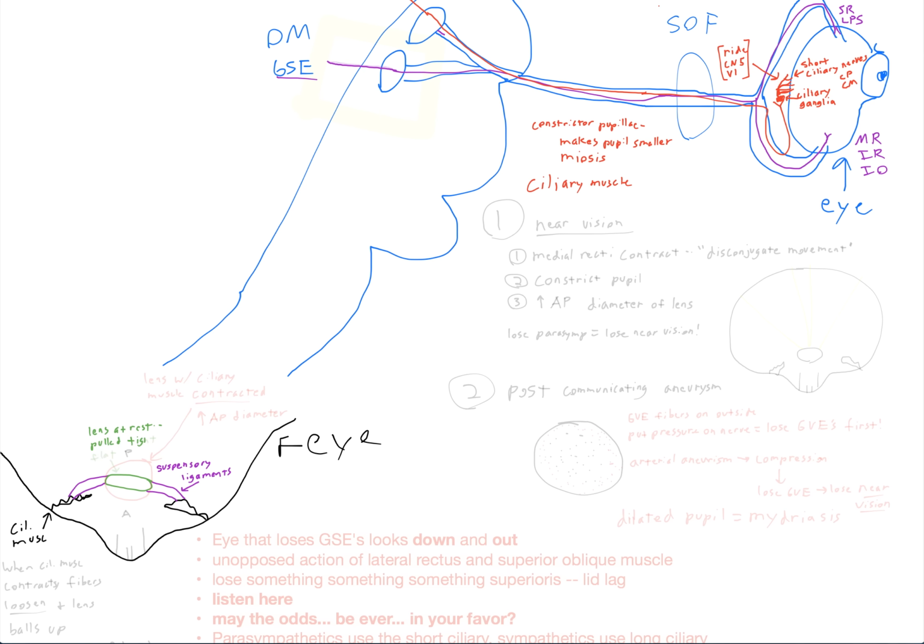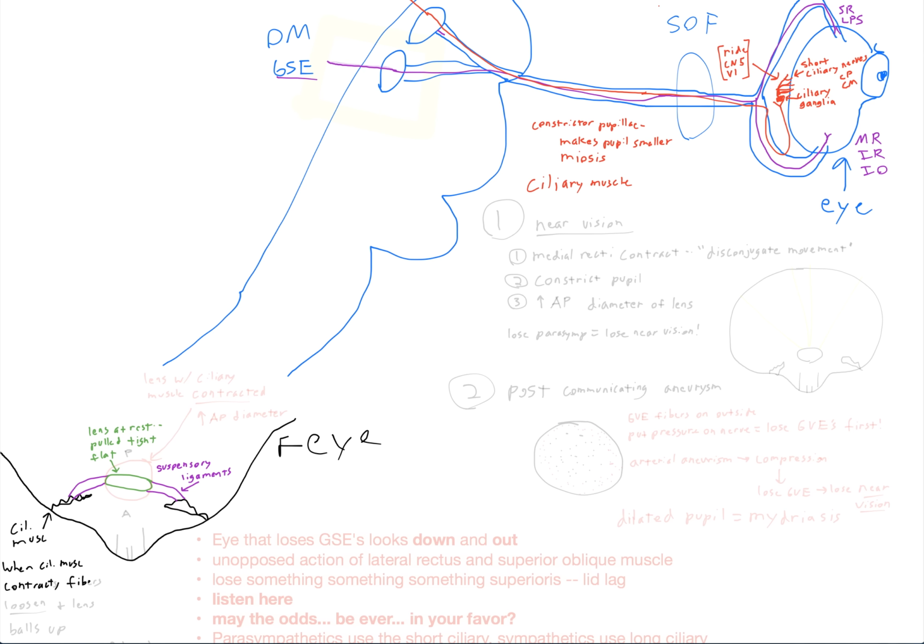When the ciliary muscle contracts, it actually allows these fibers to loosen their grip, so they're not pulling tight anymore. So when these muscles contract, these fibers loosen, and because the lens is elastic, it wants to be a ball. So when these muscles contract, the fibers loosen, and the lens balls up.